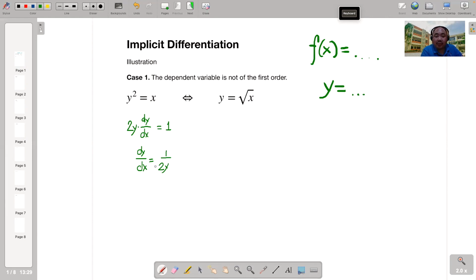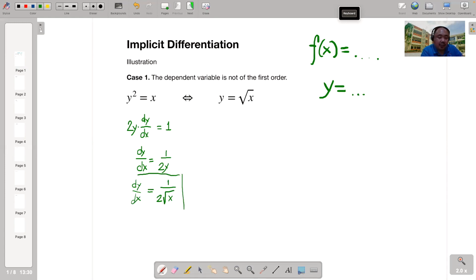Remember that in this case, y is equal to the square root of x. So actually, we can rewrite the derivative as 1 all over 2 times what is y? The square root of x, correct? So you will see that this is our result right now.